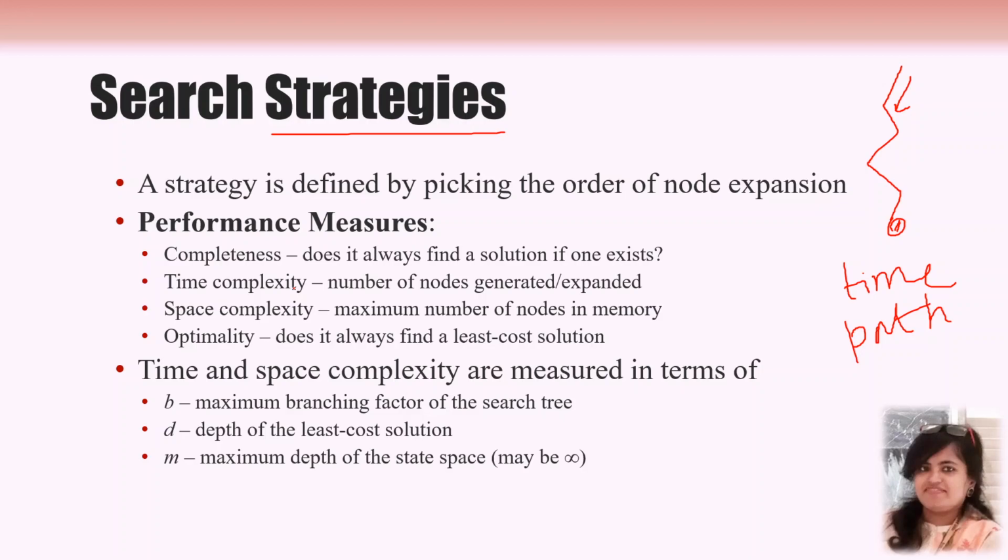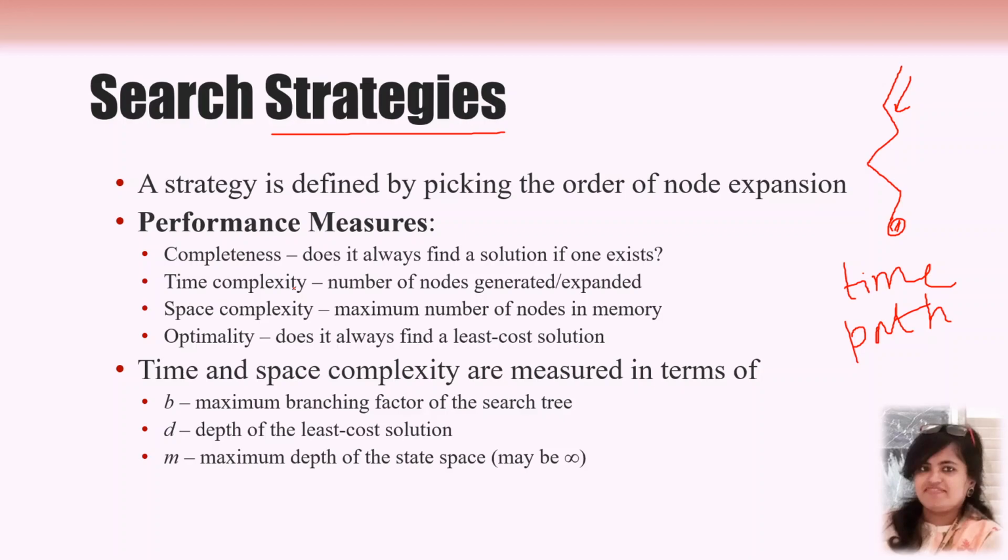Suppose for one search strategy you need to store 100 nodes in memory, but for another you need to store only 50 nodes at a particular time. Based on the maximum number of nodes you need to store in memory for one particular searching technique, that gives us the space complexity.